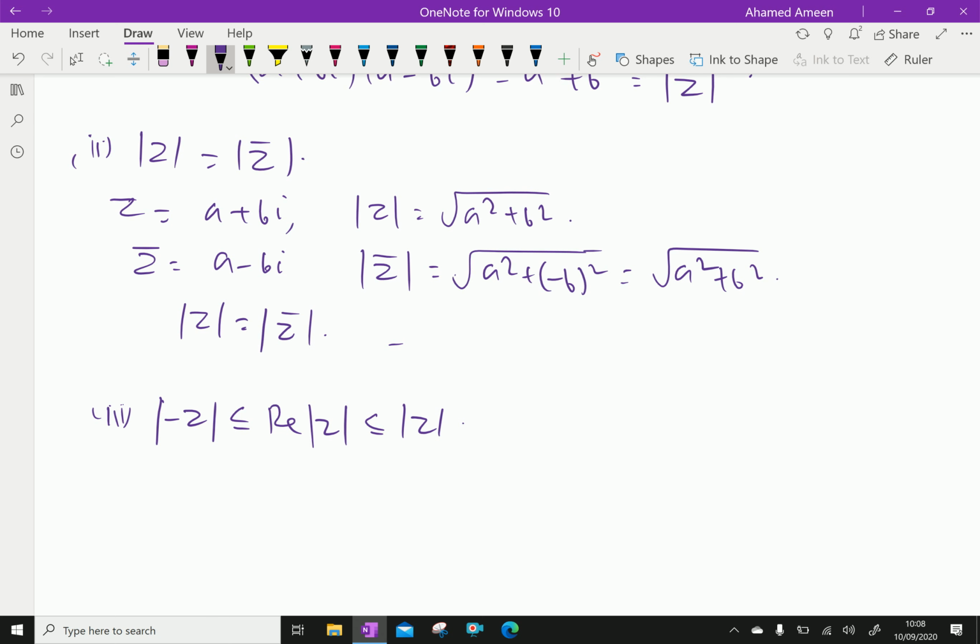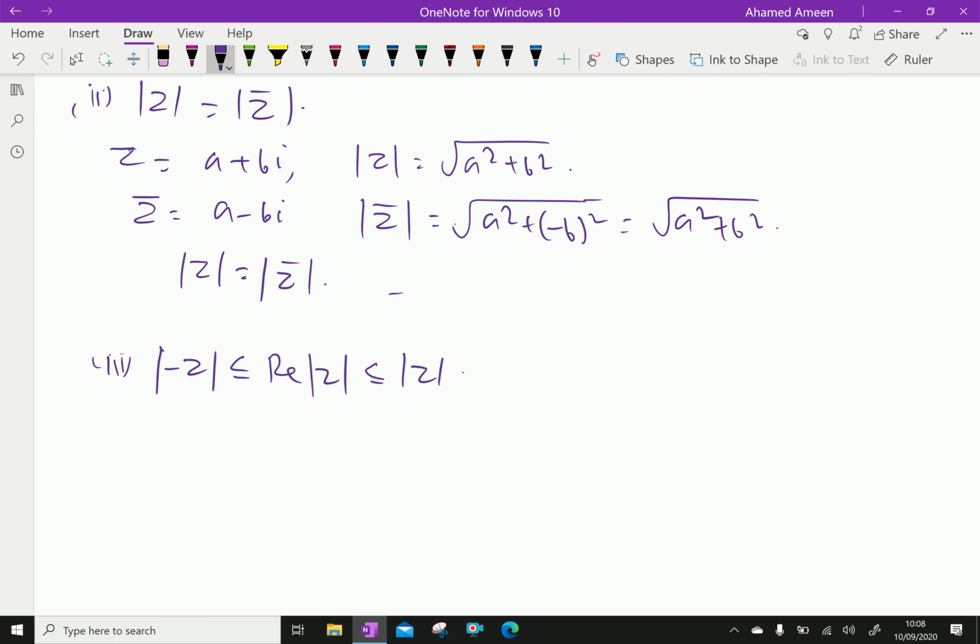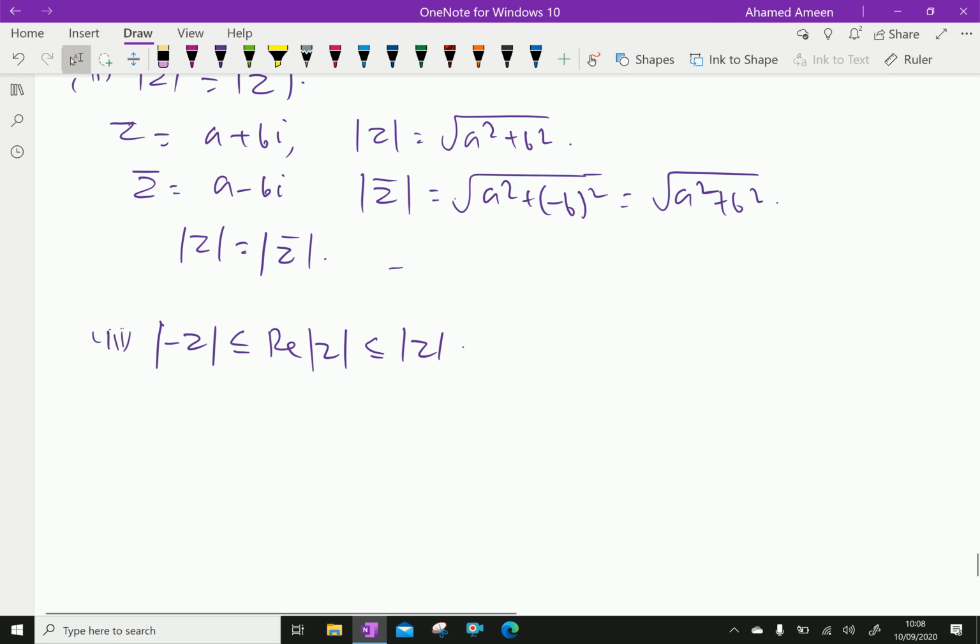We can prove this by taking z equal to a plus bi and finding the modulus of the negative. Then we can show that it is lesser or equal to the real part of z and lesser or equal to modulus z. Then the next property.